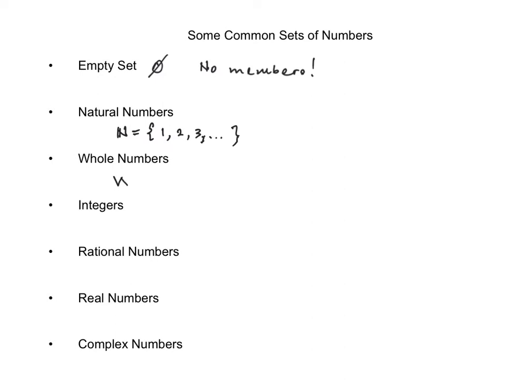The whole numbers are denoted by W, and they are almost like the natural numbers, except we also include 0. Okay, the integers are denoted by Z. These are the whole numbers and their negatives.